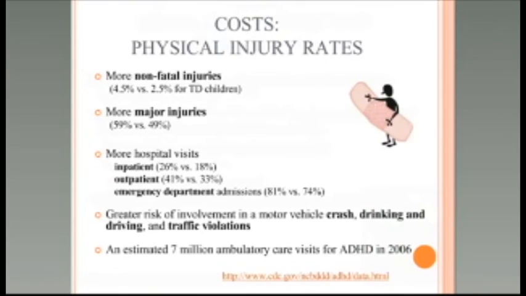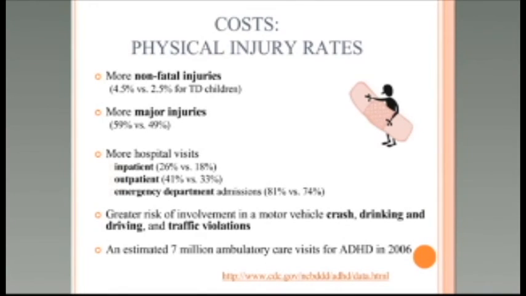In terms of physical injury rates, there are costs as well along these lines, where individuals with ADHD are apt to have more both non-fatal and major injuries, more inpatient, outpatient, and emergency department visits or admissions, substantially so, and greater risk of involvement in things such as motor vehicle crashes, drinking and driving, and traffic violations.